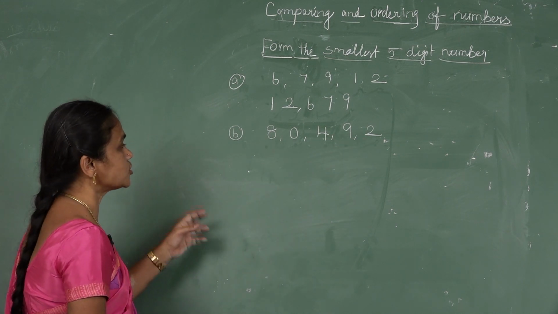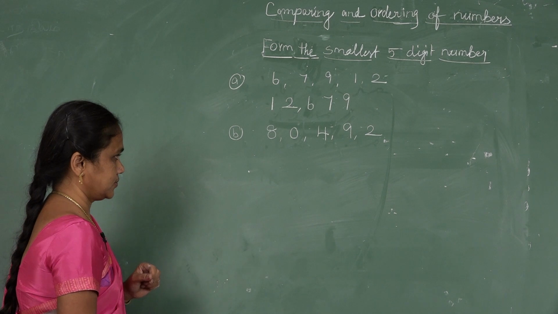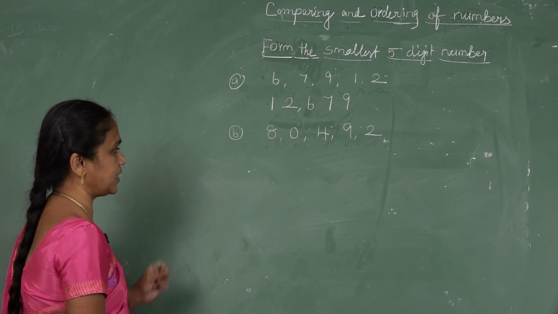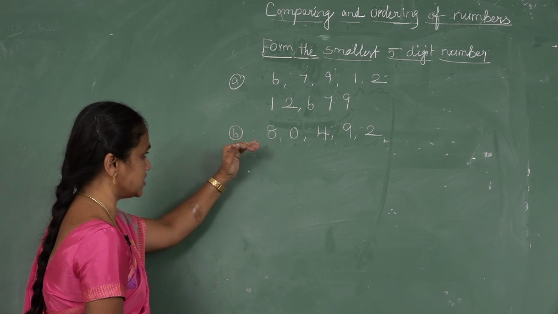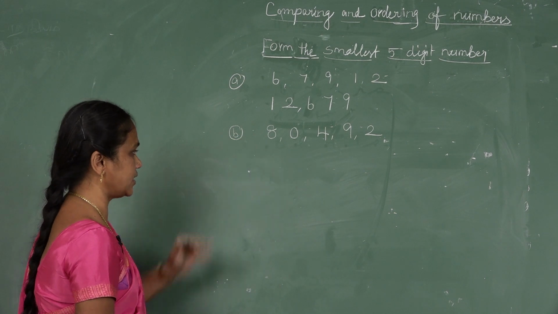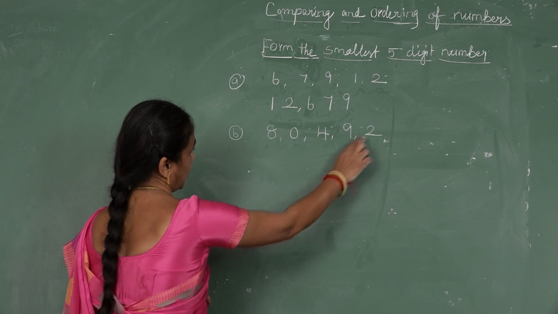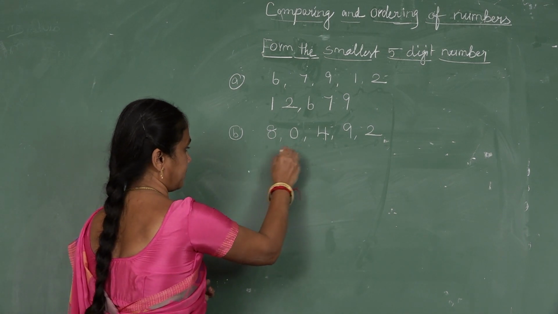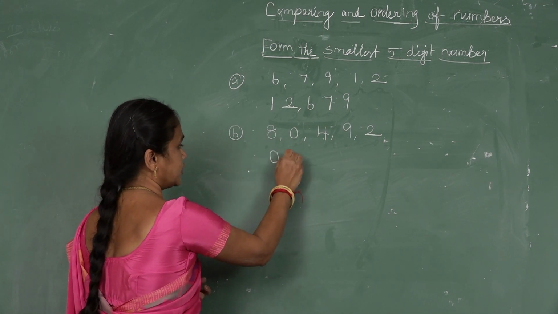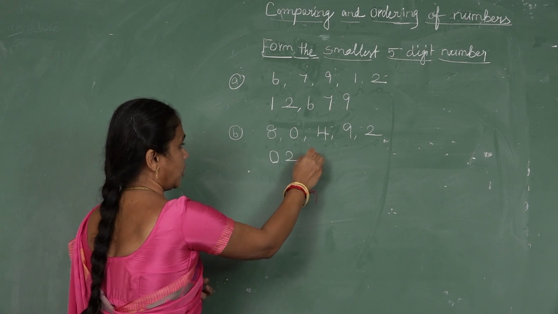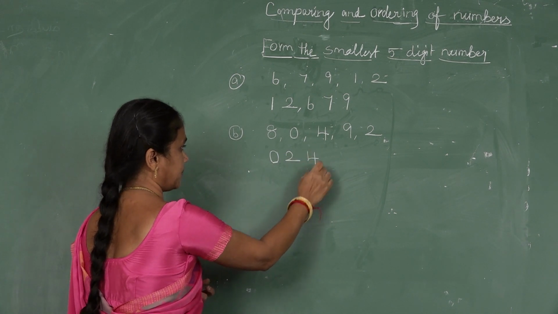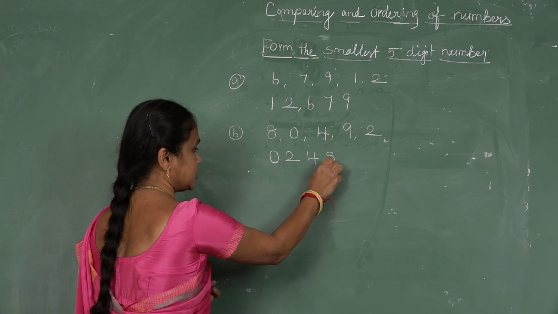How do we form the smallest number? To form the smallest number, we arrange these digits in ascending order. Which is the smallest one? 0. Then 2. Then 4. Then 8.